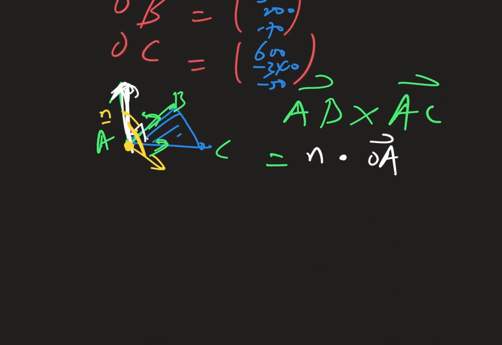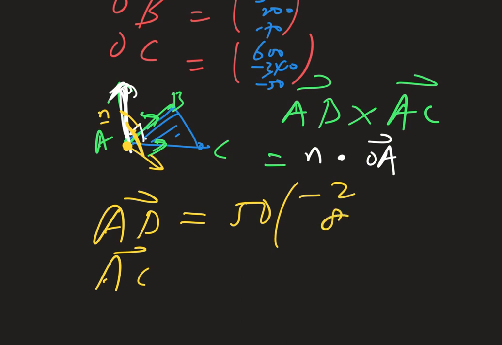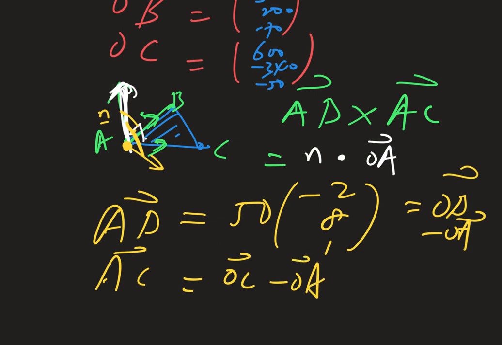So we need to find AB and AC. Ultimately, AB is 50, minus 2, 8, 1. How do you do that? Use OB minus OA, from the back minus the front. OC minus OA will give you 10, 20, minus 90, minus 3.